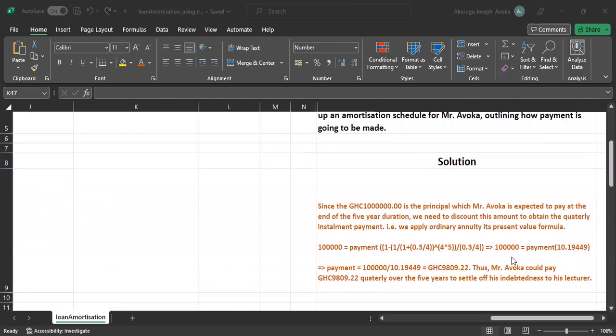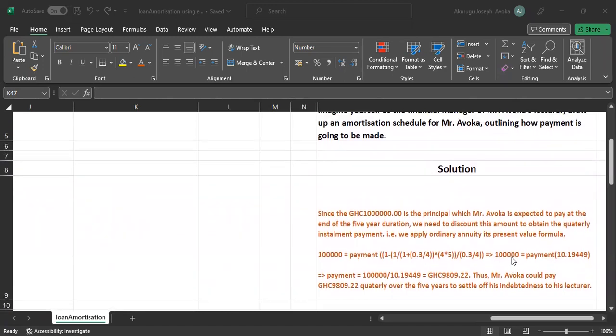So we need to use the formula for the present value of an ordinary annuity to arrive at the equal payment that Avoka is going to be making.